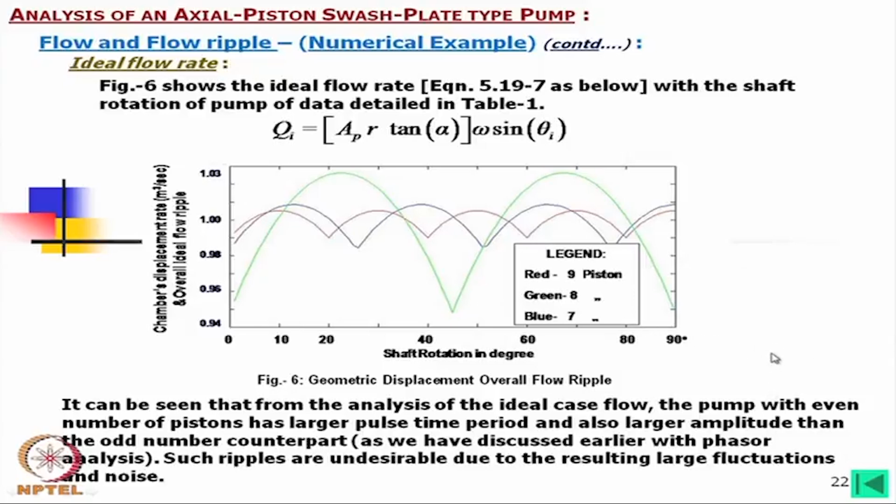It can be seen that from the analysis of the ideal case flow, the pump with even number of pistons has larger pulse time period and also larger amplitude than the odd number counterpart. As we have discussed earlier in the phasor analysis, such ripples are undesirable due to the resulting large fluctuation and noise. That means, we should not go for even number of pistons.